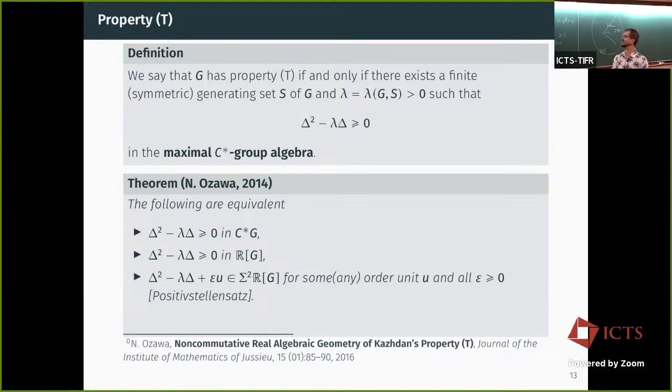No, order unit, okay, so order unit is a name. It's not a unit in the algebra. Order unit is just a name for saying it's an internal point of the cone. So the cone gives you some order. You can say that two elements, one is greater than the other if the difference is positive, so that means it's in the cone.